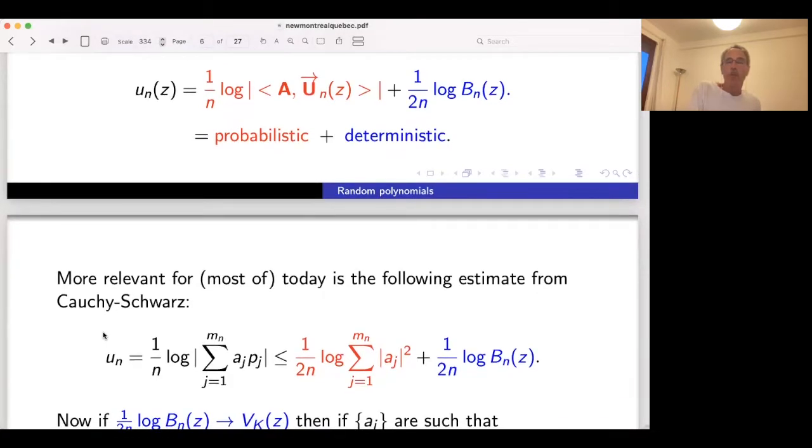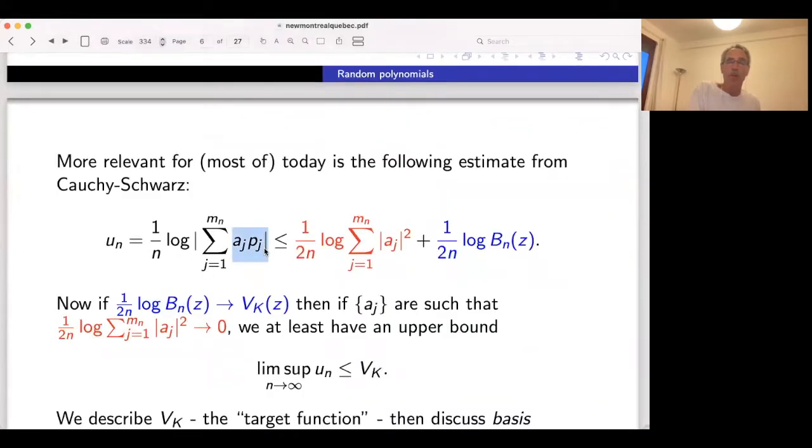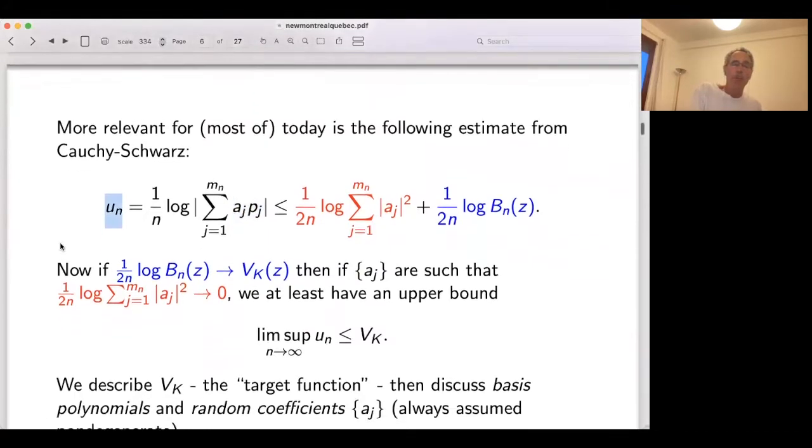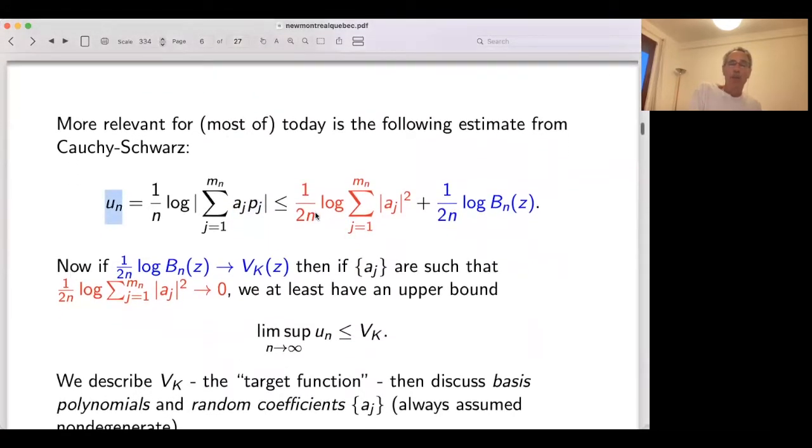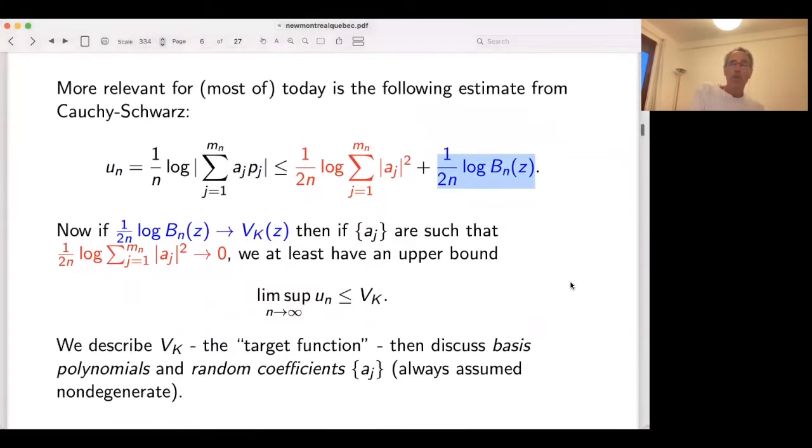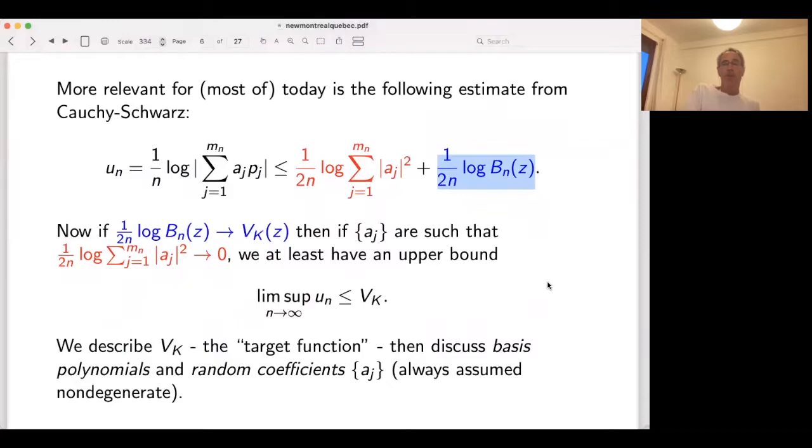We can use Cauchy-Schwarz to get an inequality. I just do Cauchy-Schwarz on the sum of aj pj's, and I can write that our u sub n, random plurisubharmonic function, is less than or equal to this probabilistic piece, the red piece, plus this deterministic piece, the blue piece, 1 over 2n log bn. So this gives us an upper bound.